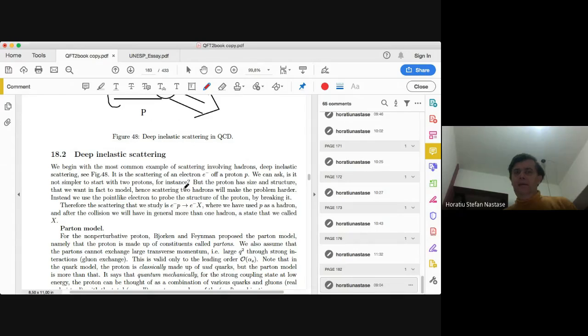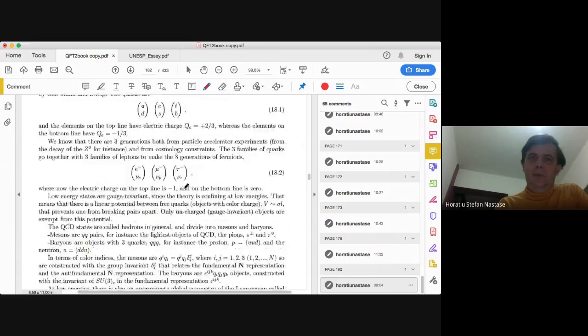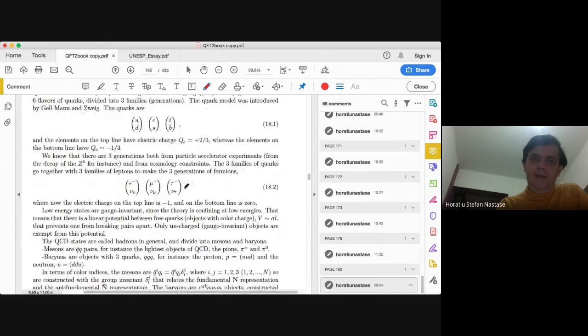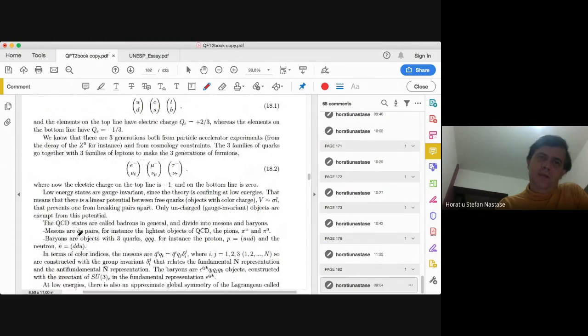Now let's see what we do with them. The states that we observe at low energies: mesons are harder to produce. They don't exist in the vacuum state. They decay.